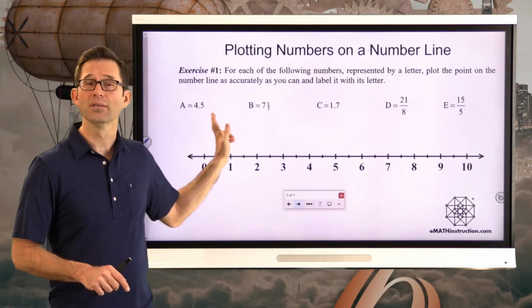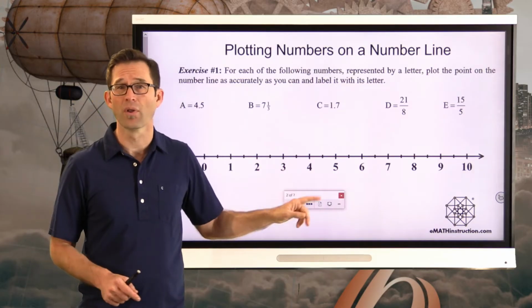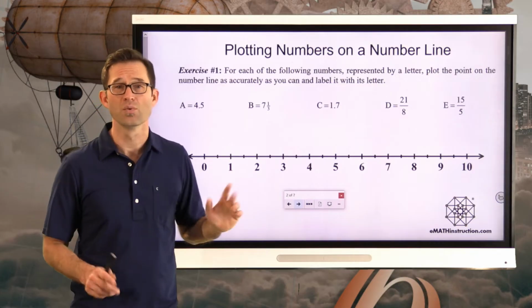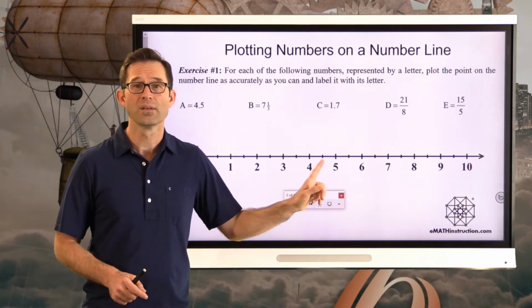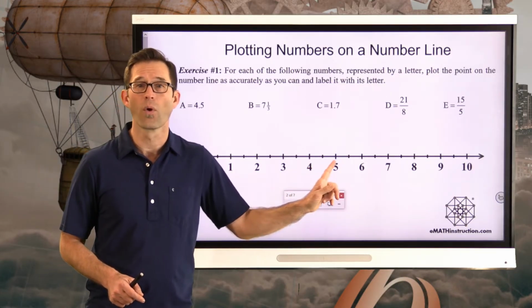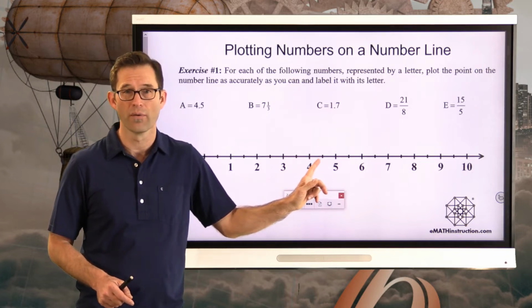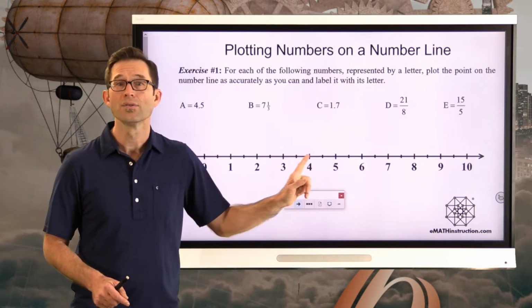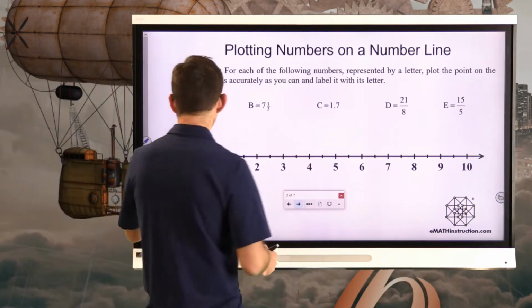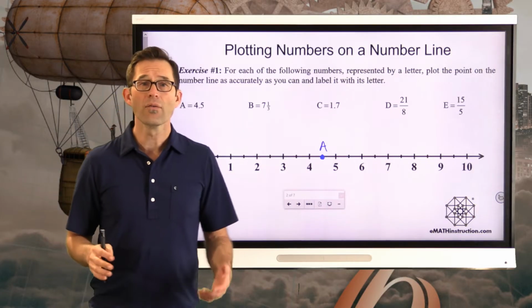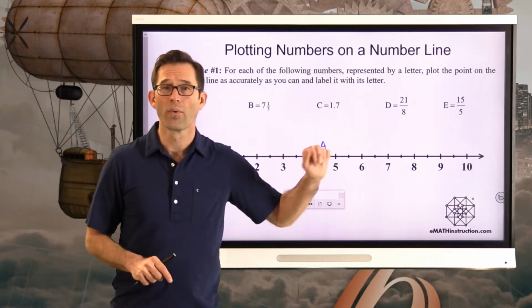So A is 4.5, right? And that's simple enough. Here's the number 4, here's the number 5. 4.5, as we should feel comfortable with decimals, simply lies halfway between 4 and 5. It would be 4.1, 4.2, 4.3, etc., 4.5, 4.6, 4.7, etc. So 4.5 should lie right there, easy as they come, so I'm going to put a dot there and throw down letter A. Now, of course, I want to locate all the rest of them.